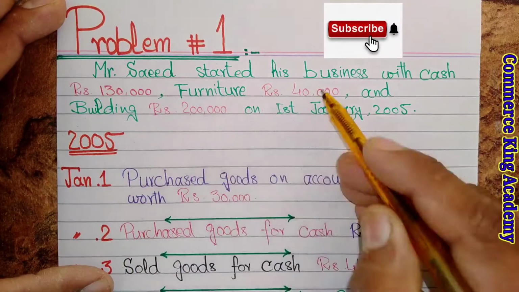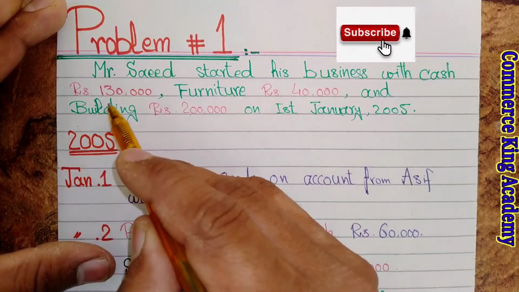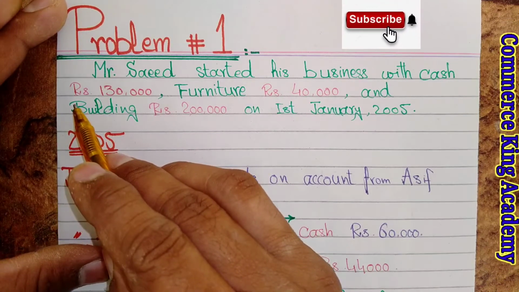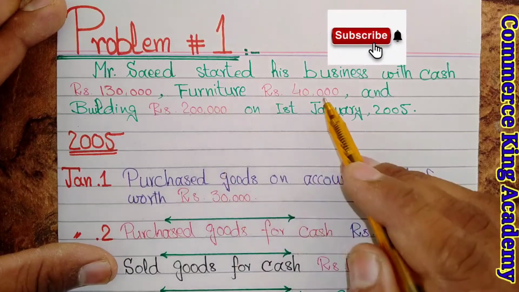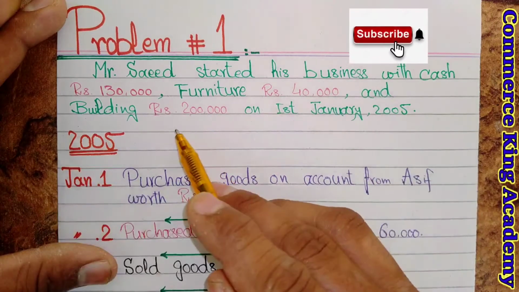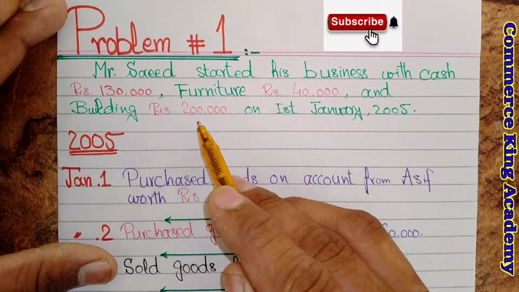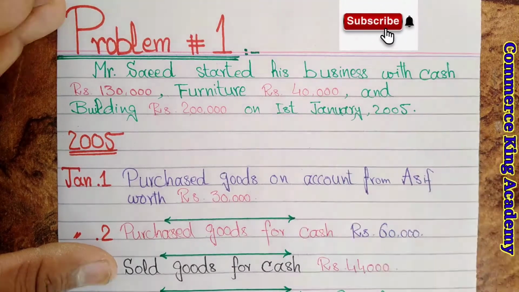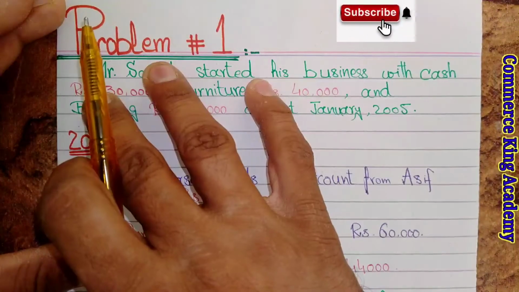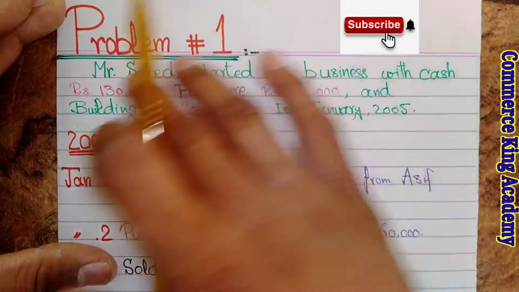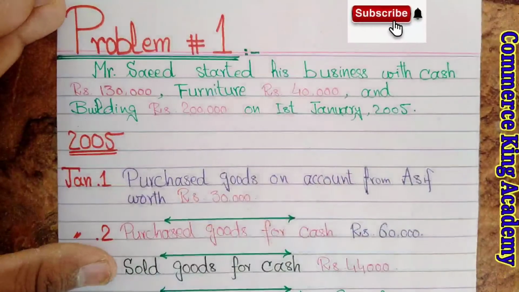Mr. Said started his business with cash amounting to 130,000 rupees, furniture amounting to 40,000 rupees, and building of 200,000 rupees on 1st Jan 2005. In other words, the business was started by Mr. Said. This is the investment or initial capital of the business. So let's see.